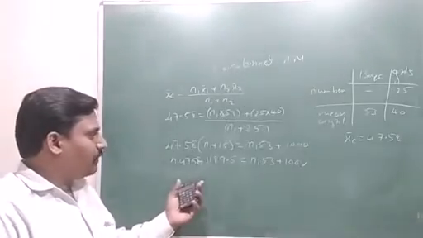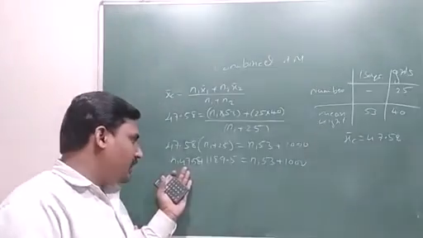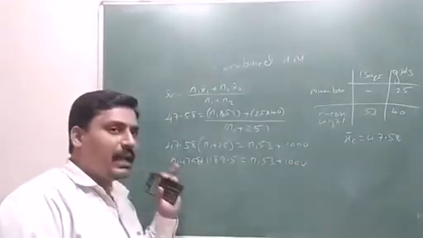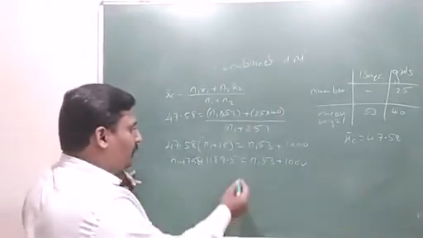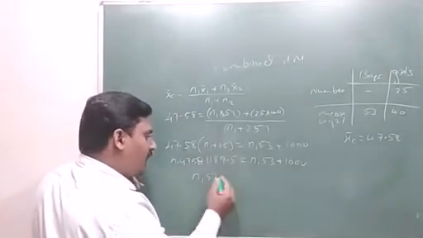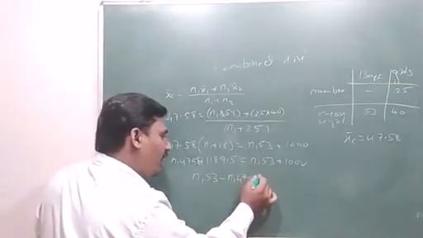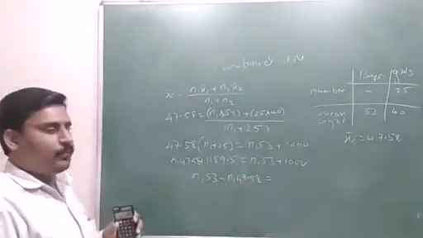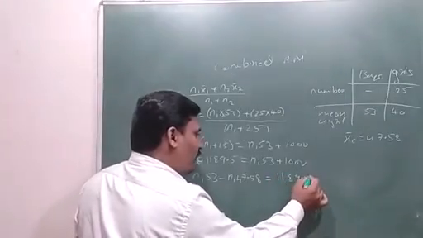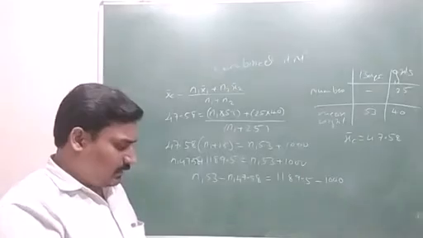Now just send this n1 47.58 to that side, and this 1000 we will send to the opposite side. So it will become n1 53 minus n1 47.58 is equal to 1189.5 minus 1000.